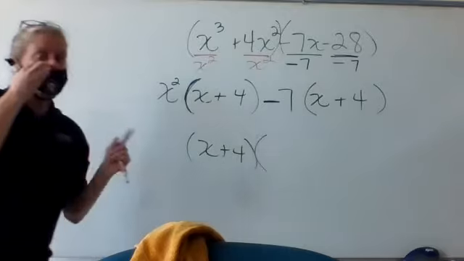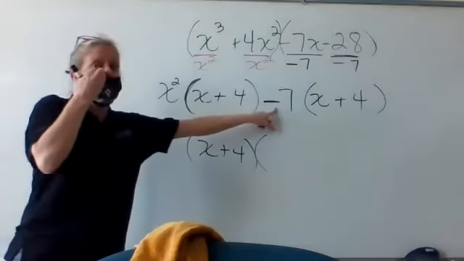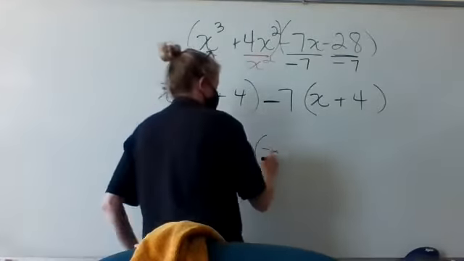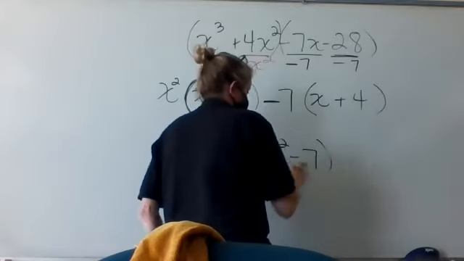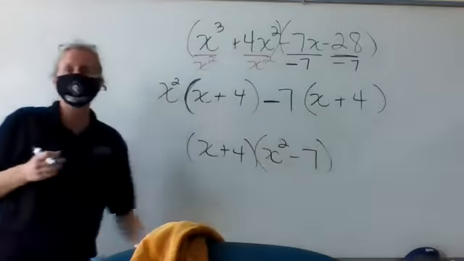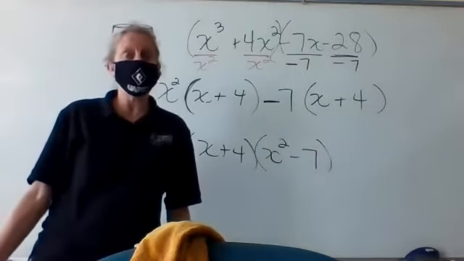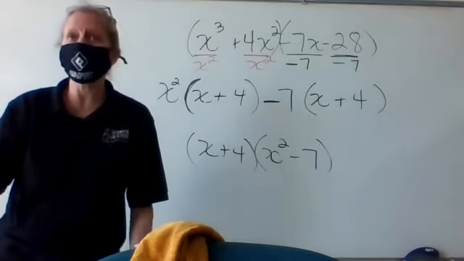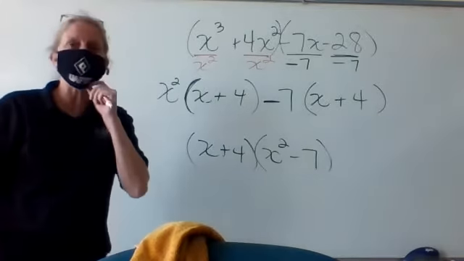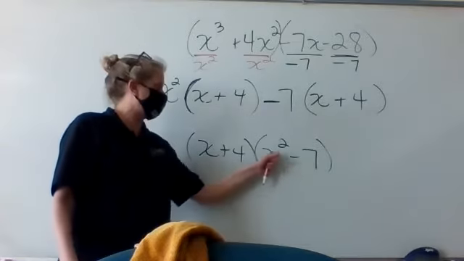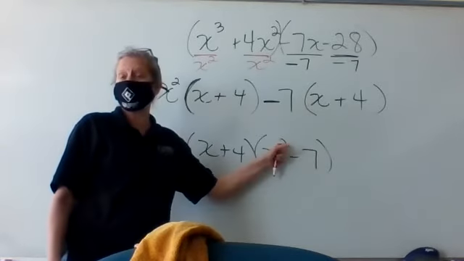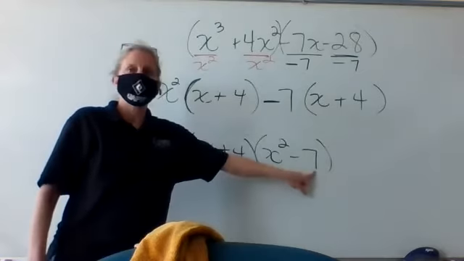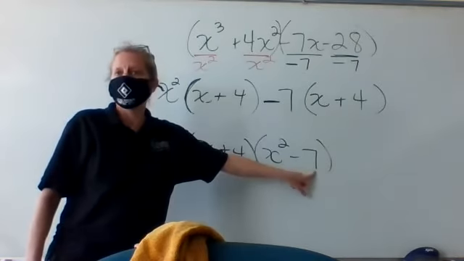What's your other factor? x squared minus 7. Now, sometimes if you have an x squared left in there, you'll be able to go again if it's a difference of perfect squares, which we're going to see in a little bit. But why isn't this one a difference of perfect squares? x squared is a perfect square. I could use x and x to get it, but 7's not.